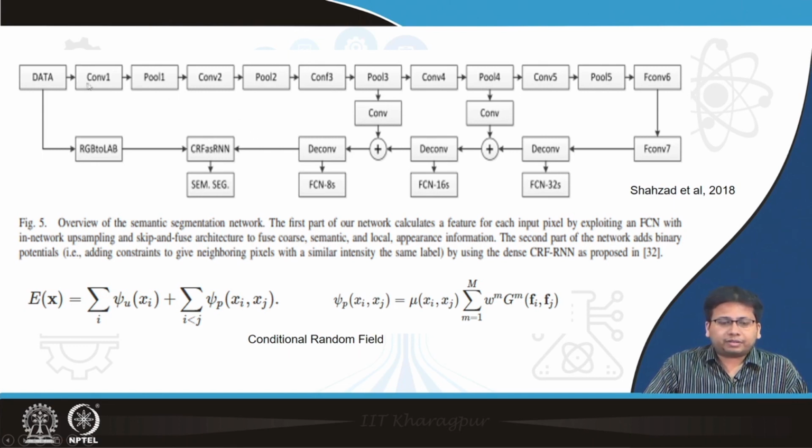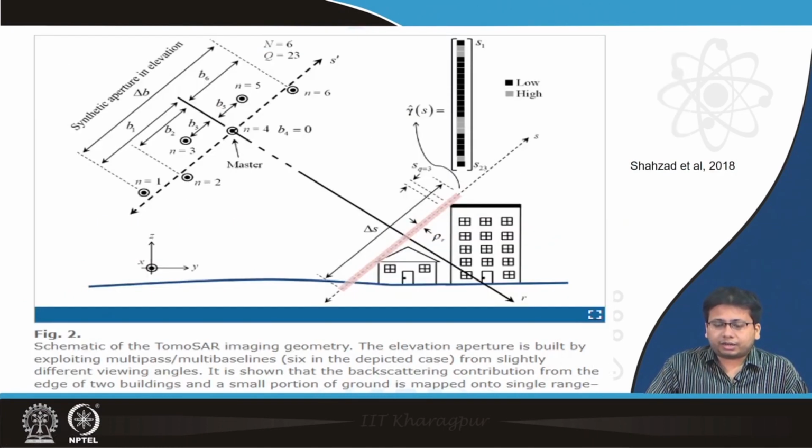For that they use a deep neural network to represent the pixels. These convolution, pooling, and other layers are used for representing the pixel level information from the SAR image.